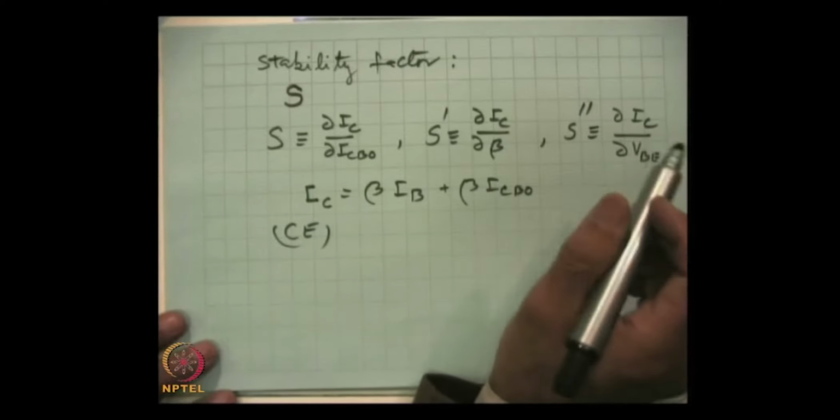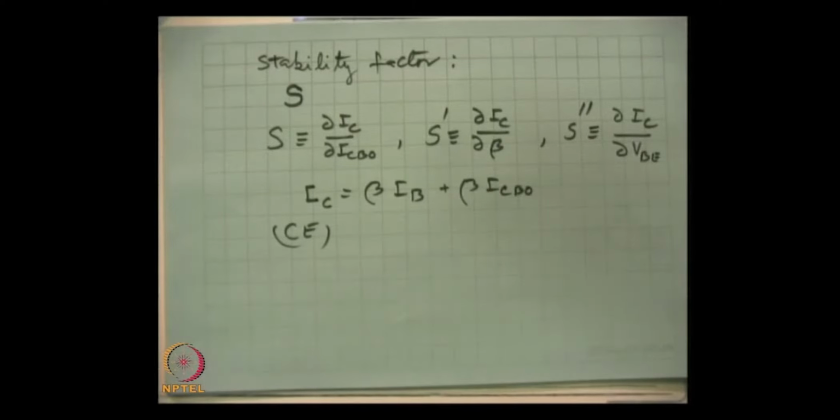Now, one thing very important: we have stated various reasons for the variation, but this is a very important statement, that a circuit, if it shows stability against one kind of variation, then it will take care of variations due to other causes as well.